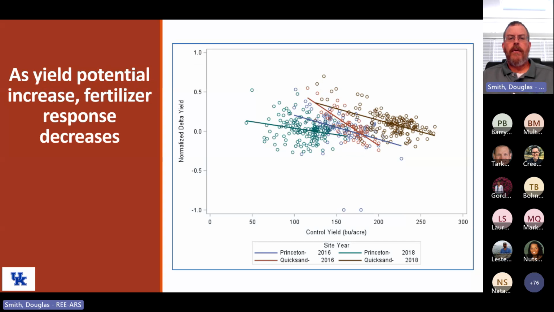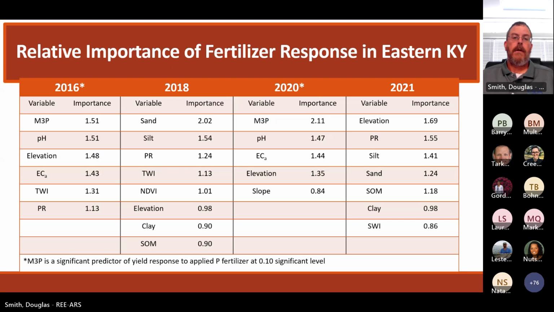And this is a graph of the normalized yield as a function of the control yield. So if we look at the yield in that control subplot, as the yield in that control subplot increases, in every instance, the impact of your fertilizer decreases. And then this is another way, from a very strong statistician working on this study.